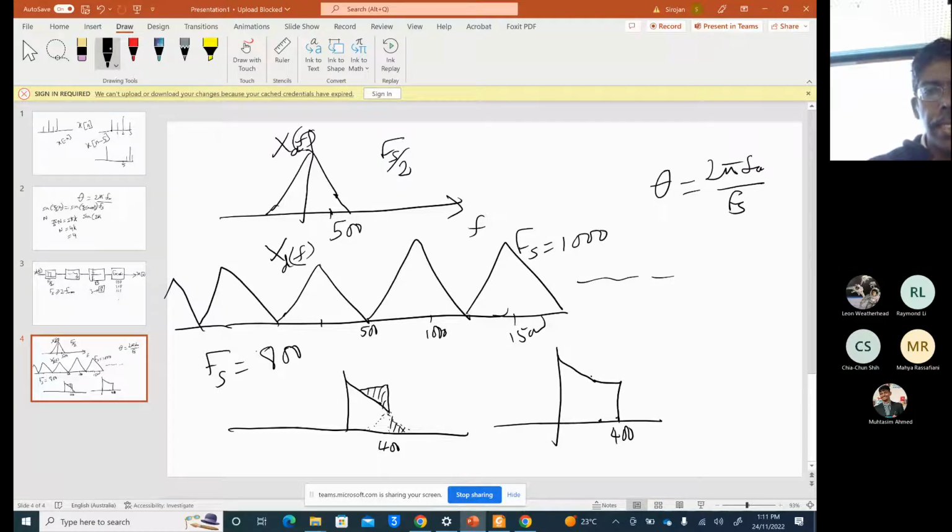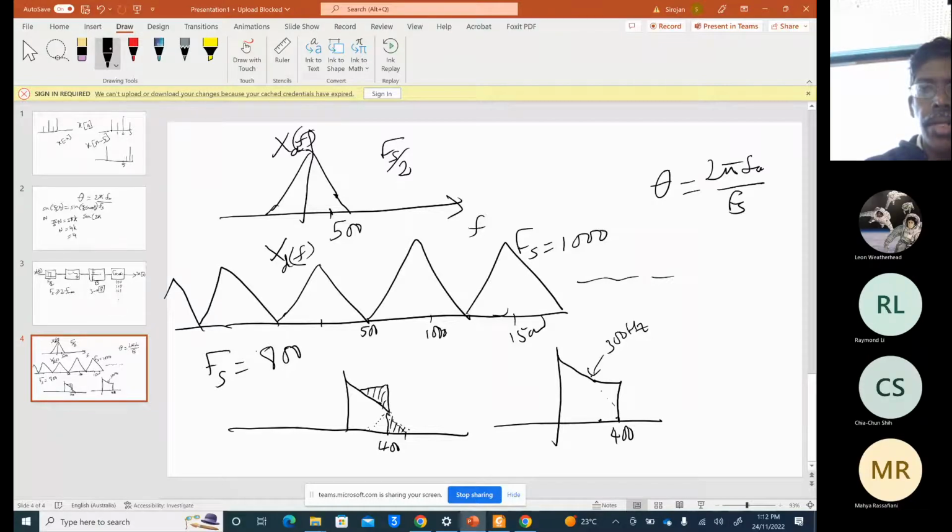Because the part from 400 to 500 hertz actually gets aliased to 300 to 400. So from 300 hertz to 400, this is the alias part. Then this spectrum is going to repeat, likewise on the negative side also. So this is aliasing.